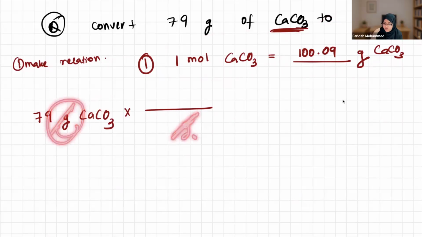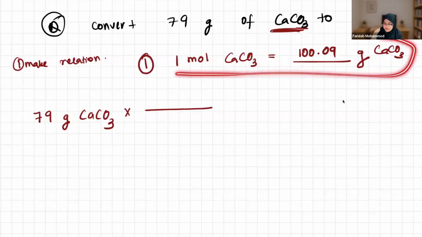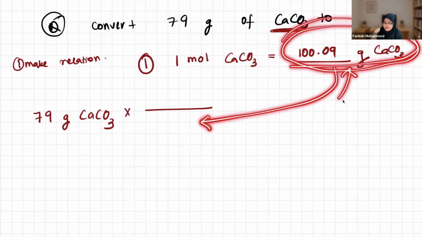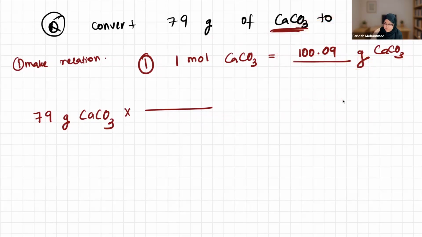Which one has gram in this relation? The right-hand side. So this part goes on the bottom, not just the unit, but the number as well. So you put on the bottom 100.09 gram of calcium carbonate. And what goes on the top, Kaiten?